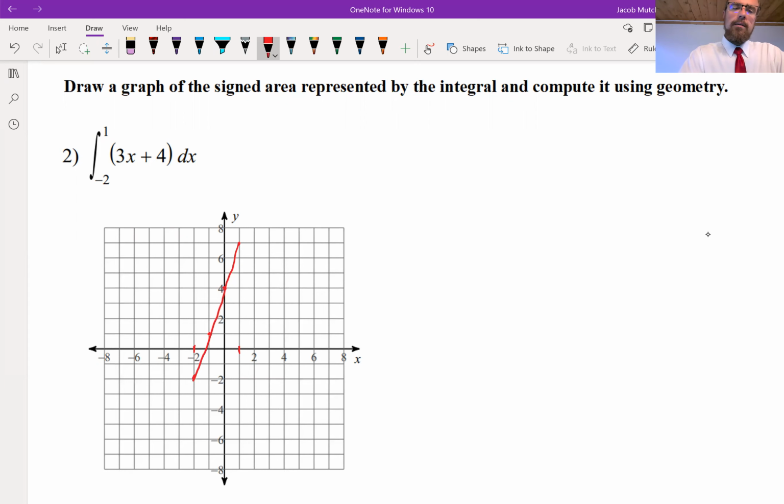So again, we've talked about the integral indicating the area under the curve, between the curve and the x-axis. On this part, from about -1 1/3 over to 1, that's definitely going to be positive area.